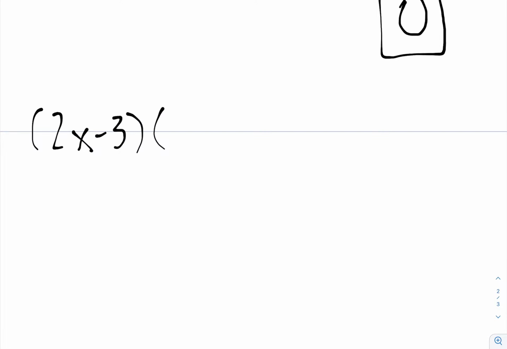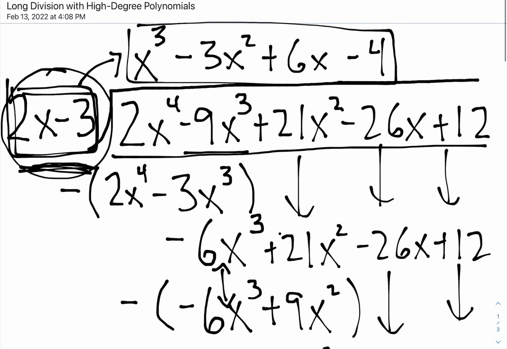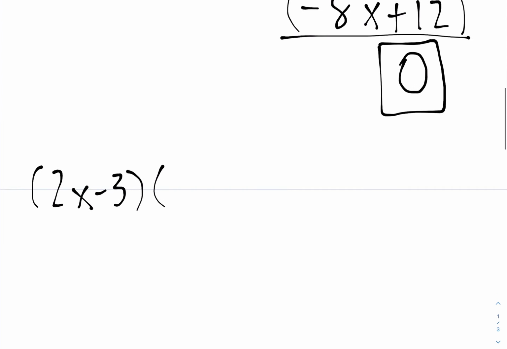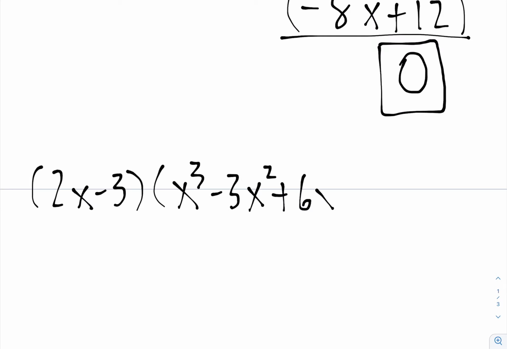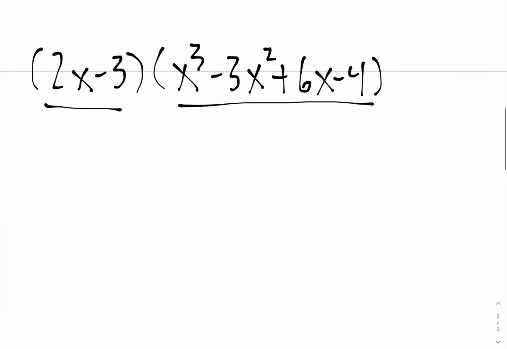And if we multiply it by whatever the quotient is, x cubed minus 3x squared plus 6x minus 4, right? This is the divisor and this is the quotient. If we multiply the two together, we will get the original function.